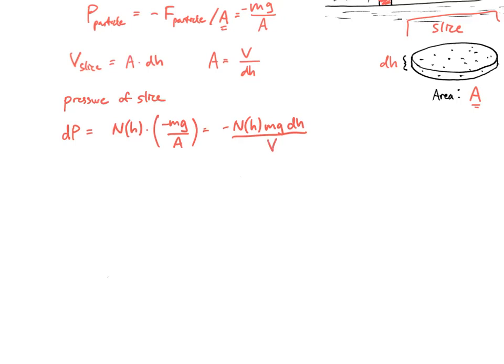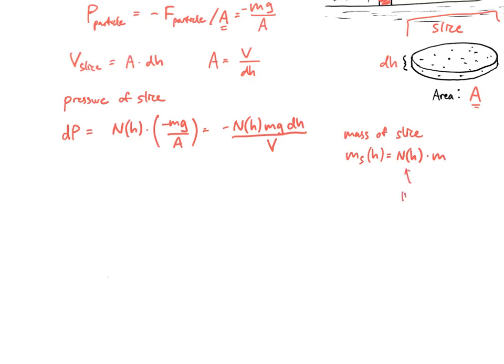Okay, I'd like to point out that the mass of the slice, which we can denote with the symbol m_s at a particular height, because of course it's going to depend on the height up the column that the slice is at, is equal to the number of particles at that given height multiplied times the mass per particle.